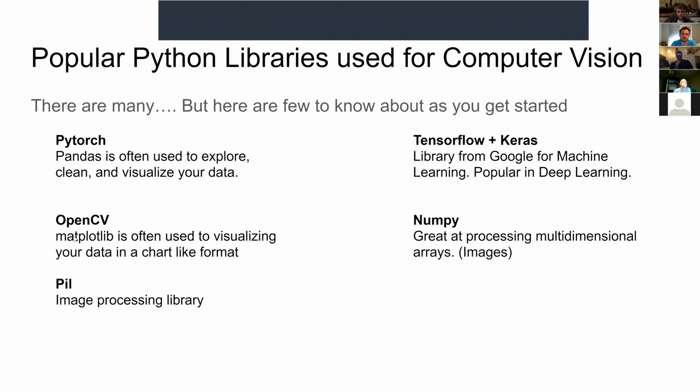OpenCV is often used, even if you're not using any machine learning aspect from it, to bring in images or video, like digest a video stream, and then bring that over to PyTorch or TensorFlow. And then NumPy is great at processing multi-dimensional arrays, which really, when we work with images inside of Python, are usually just processed as arrays.